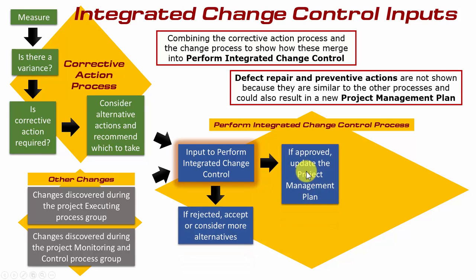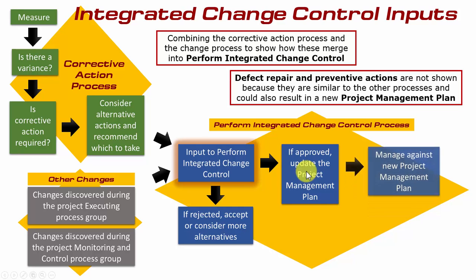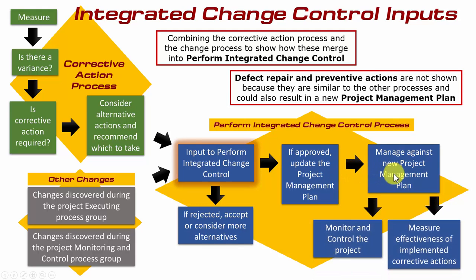If approved, then you will want to update the project management plan, as this, of course, contains the baselines. And then you can proceed to manage against this new updated project management plan. You'd want to monitor and control the project against that new revised plan, and also to measure the effectiveness of these implemented corrective actions. So that's how the big picture fits together.